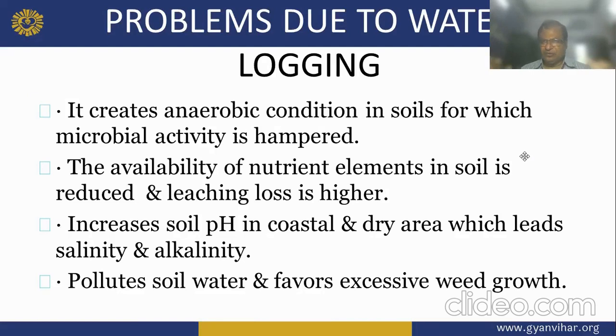Now, problems due to waterlogging. It creates anaerobic conditions in the soil, for which microbial activity is hampered. The availability of the native nutrient elements in the soil is reduced and the leaching loss is higher.